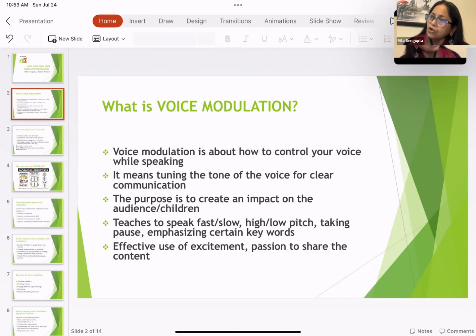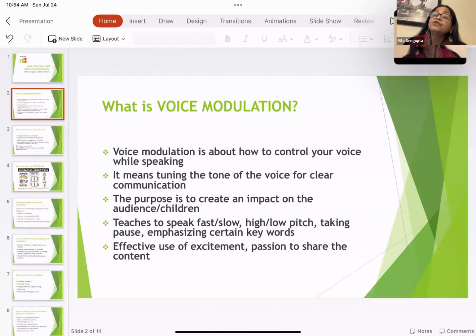It is also an art, used effectively to emphasize certain keywords in your content or your lesson, whatever you are sharing with the children. And as a general rule, think about this: keep that excitement and the passion in your voice when you share the content or give instruction to the children, for academic instruction or any other instruction that happens throughout the day in the classroom.